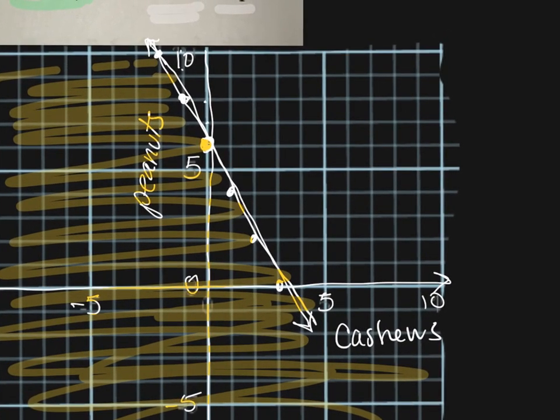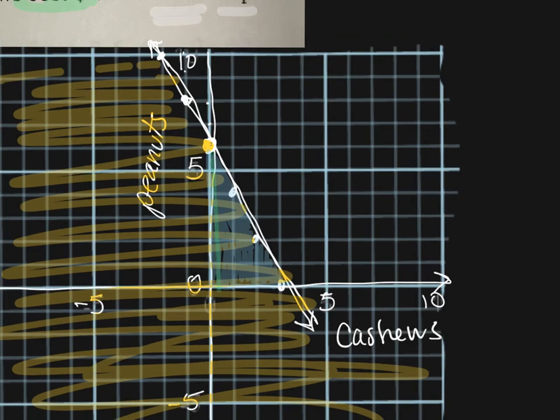So if I zoom in here on my map, I need this area in between where everything is positive. And if you do this with a highlighter, this area should turn green if you go over it with blue. So I want this area. This area right here, this triangle shape, is the set of combinations I could have within my $12 budget, because I can't go negative. It has to be above 0.